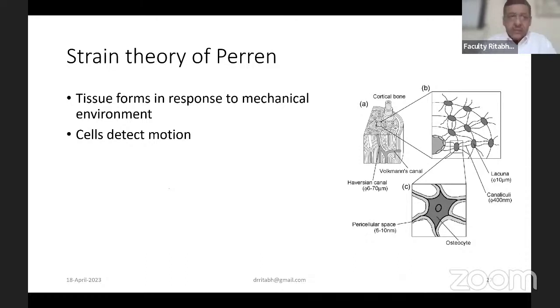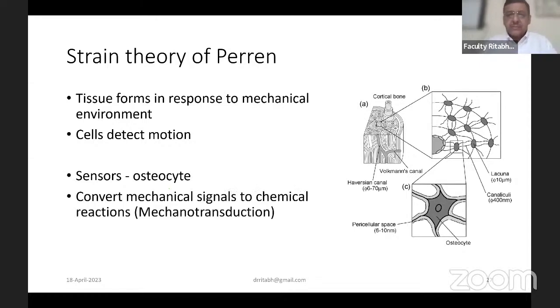Because something in the bone detects motion, and that something is the osteocyte. With its canaliculi interacting with each other, osteocytes sense motion. When they sense motion, they convert this mechanical signal to chemical reactions, a concept known as mechanotransduction.